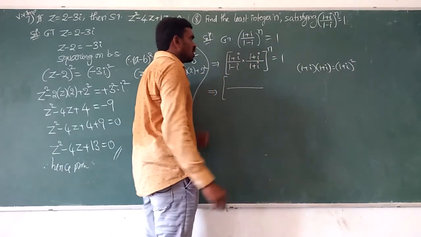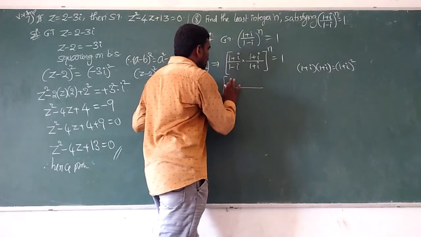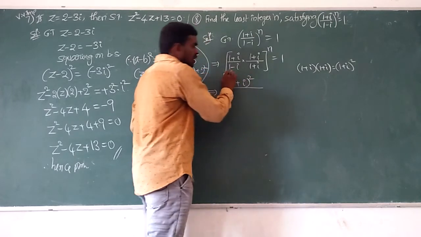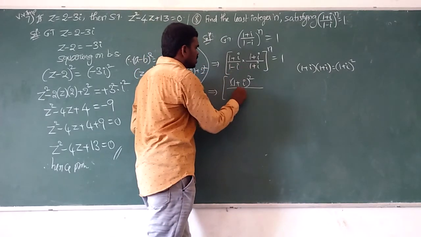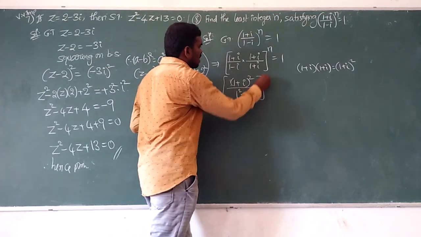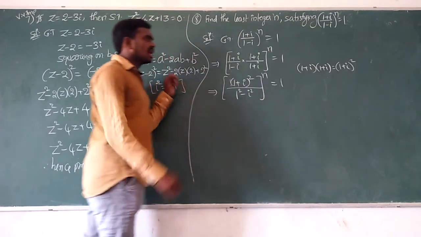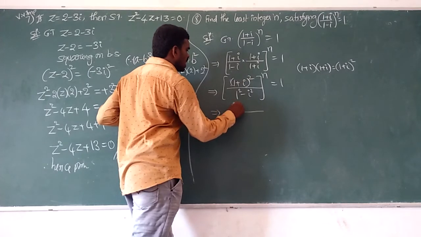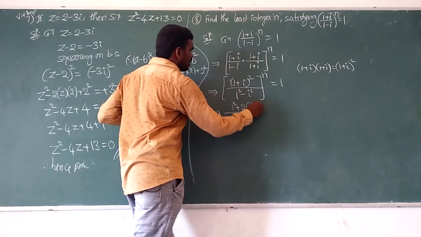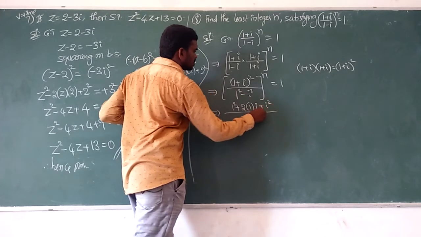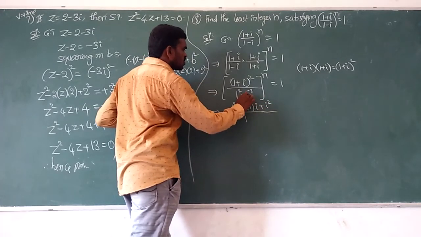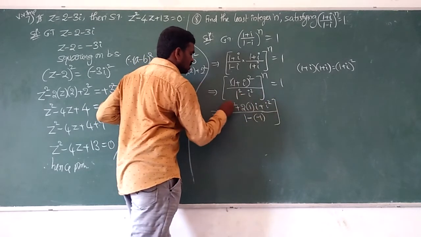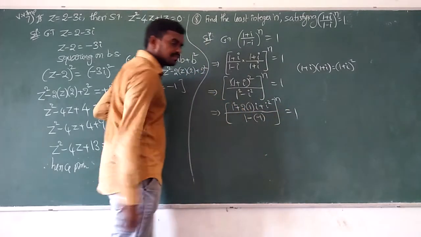The denominator is a minus b into a plus b, so a square minus b square. Now expand a plus b whole square: a square plus 2ab plus b square, over 1 square, which is 1, minus i square, which is minus 1. The whole power n equals 1.